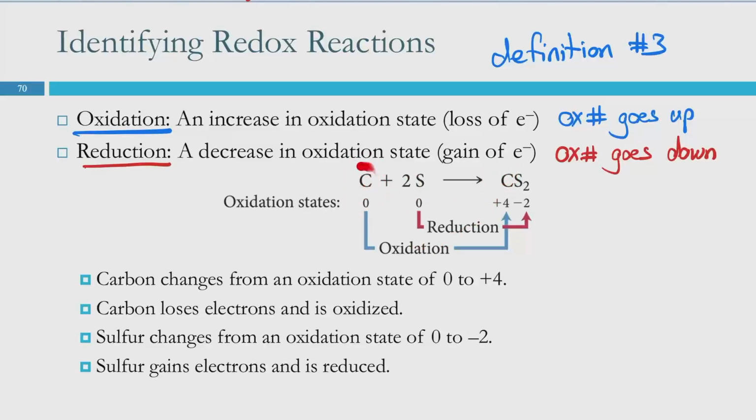So in this case, it's the carbon going from a 0 to a +4. That's our oxidation portion. And then the thing that's being reduced is having a decrease in its oxidation state. So sulfur is going from a 0 to a -2. So sulfur is undergoing reduction because the oxidation number has gone down. The oxidation number has been reduced.